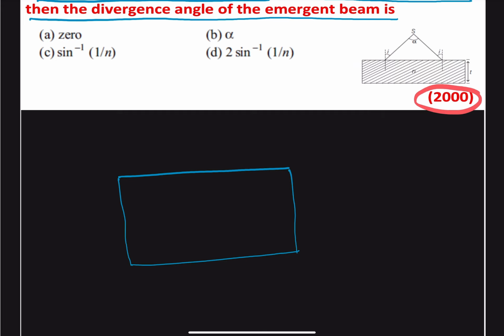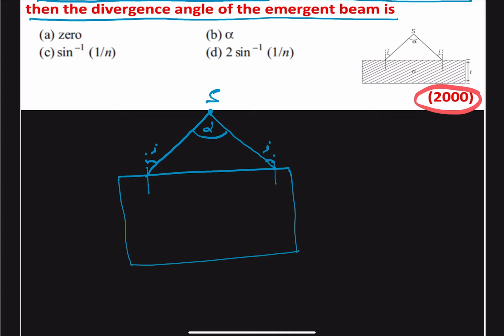We have a source somewhere here, and it is given that it is incident on the surface and the angle of incidence is equal. So this angle is I and this angle is also I, and this is our source S, with the angle given as alpha.